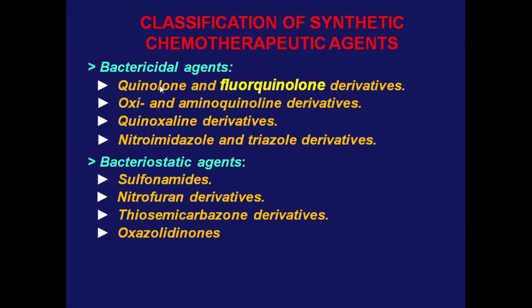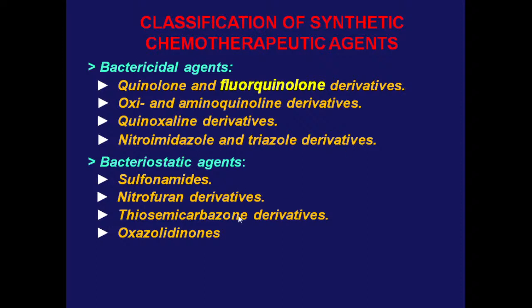So bactericidal synthetic antibacterials include quinolone and fluoroquinolone derivatives. Nowadays we use mostly fluoroquinolone. Second group, oxy and aminoquinoline derivatives. Next, quinoxaline derivatives. Next, nitroimidazole and triazole derivatives.